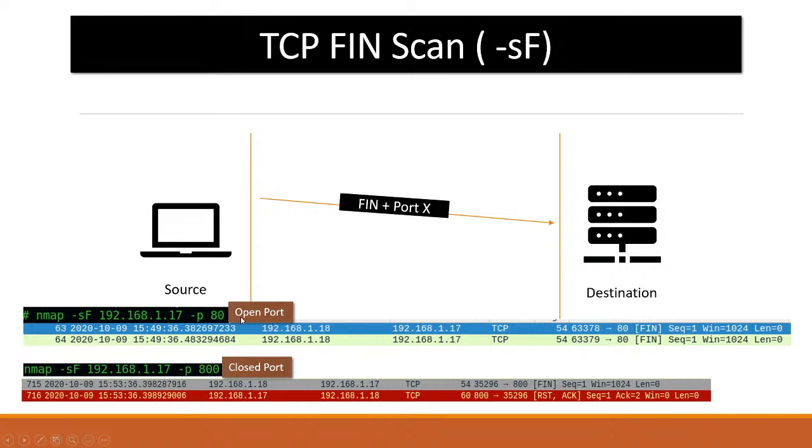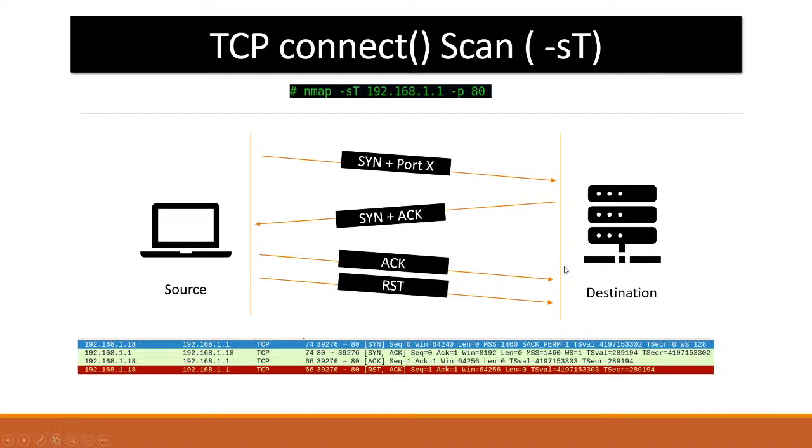So here, if the port is open on the other side, I will not get any reply for this segment. If I am not getting any reply for this segment, then I am automatically assuming that the port is open. That's it. A simple logic. Now with the previous TCP scan, you basically get a reply if a port is open.